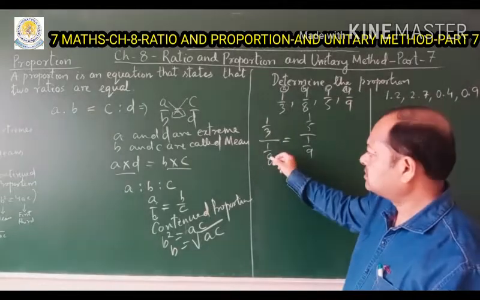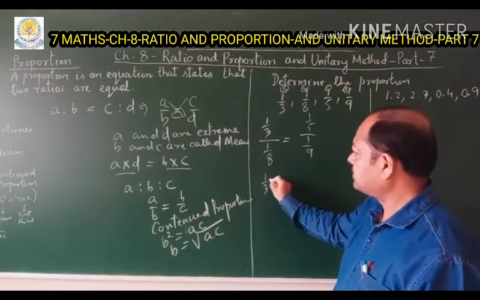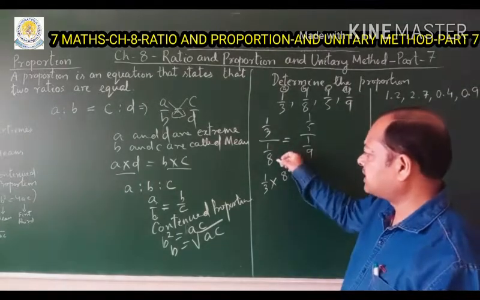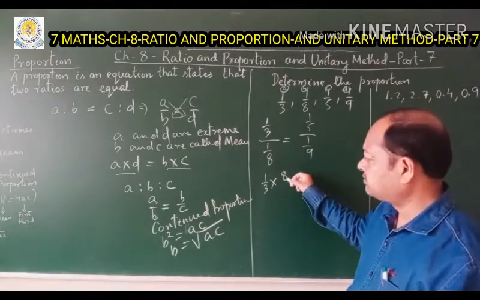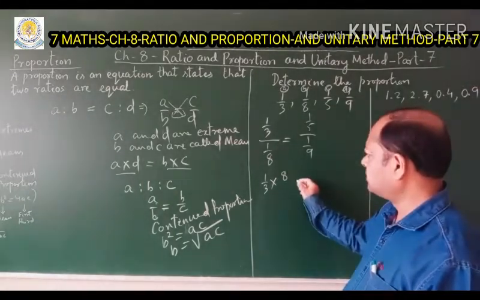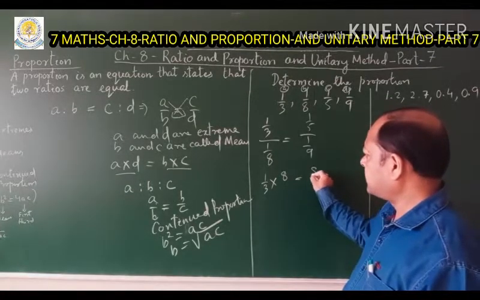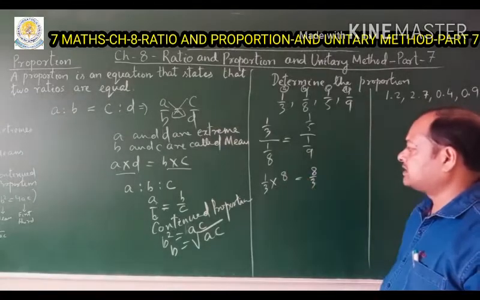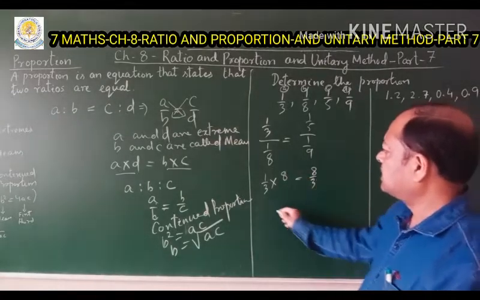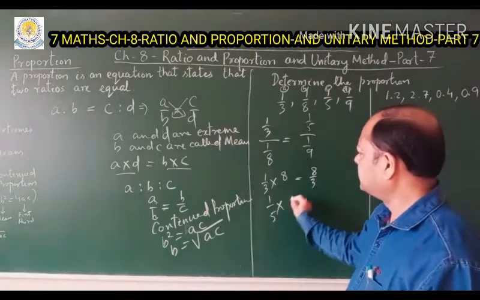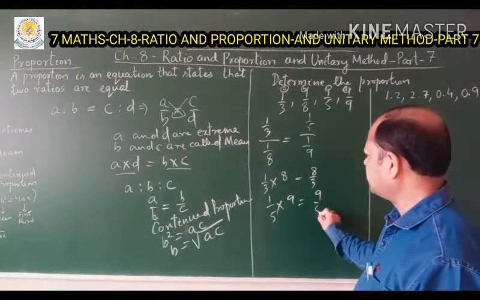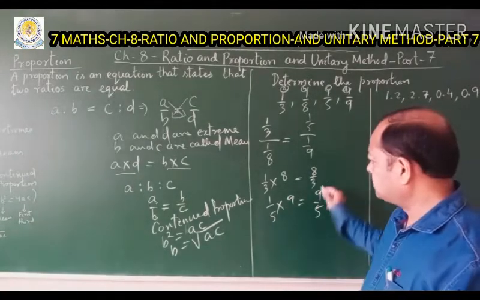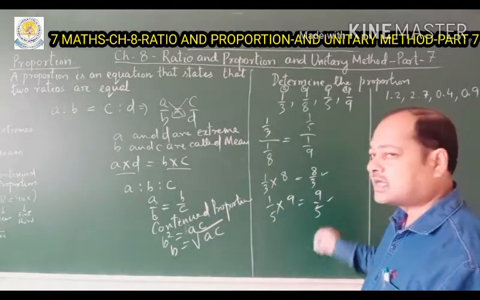1 upon 3 into 8, because 1 upon 8, if you take the reciprocal, becomes 8. So it will be 8 by 3. And 1 upon 5 into 9 is 9 upon 5. What do you observe here? Both the values are not equal.